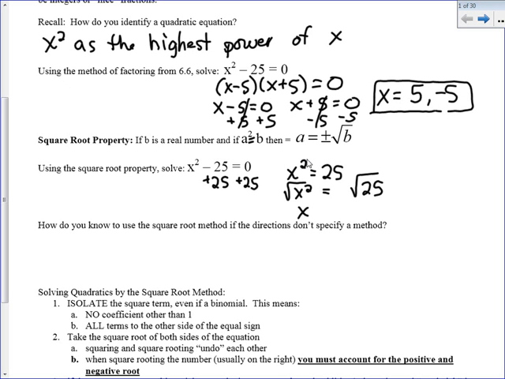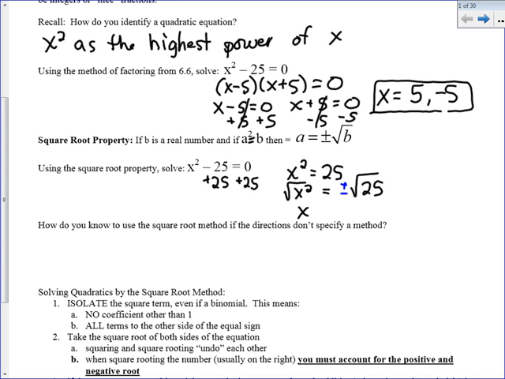So notice, we have to account for both the positive and negative root here, because we don't know what x is. You might never have paid attention to it, but the directions in your problems in Chapter 10 said assume x is a positive number. We don't have that assumption anymore. So if we want to get both of our answers here, you have to account for both the principal and negative root. You have to use that plus or minus.